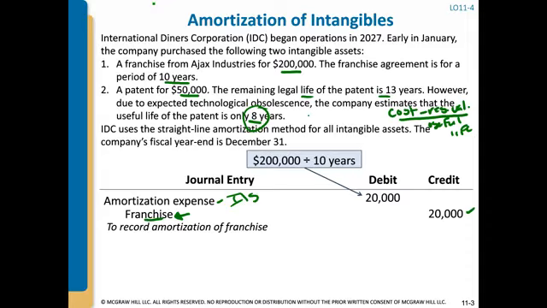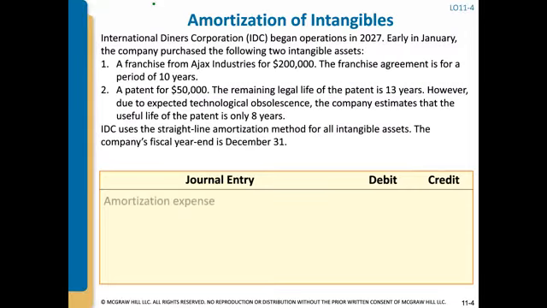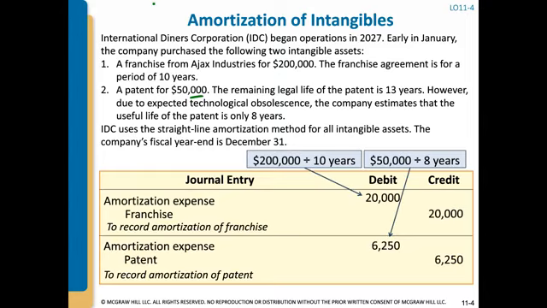So credit $20,000. For the second, the $50,000 patent, we take the $50,000 divided by 8 years, which gives us $6,250, and we debit amortization expense for that amount and credit the patent itself.